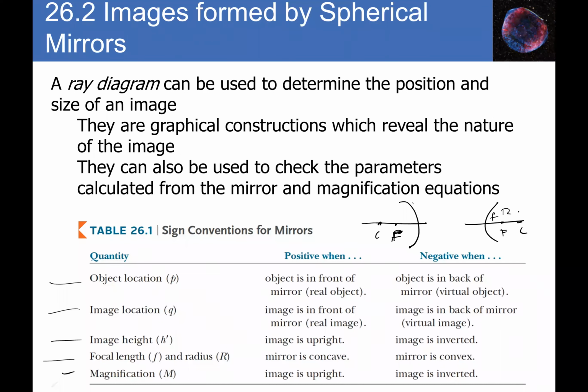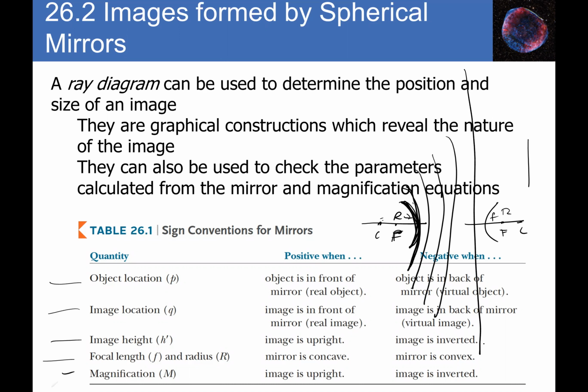But how about the flat mirror? Well, think like this. If you have this guy over here, which has radius R, and I start flattening this, see the R changes. How about a little more? R increases. A little more? R increases even more. How about if I have something like this?